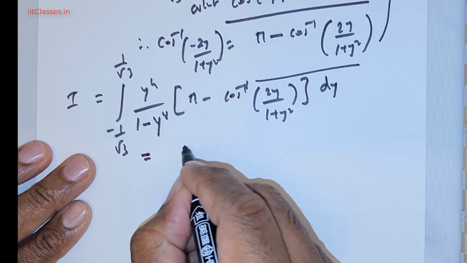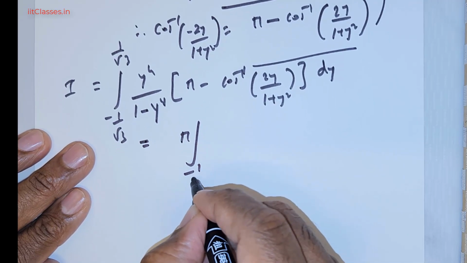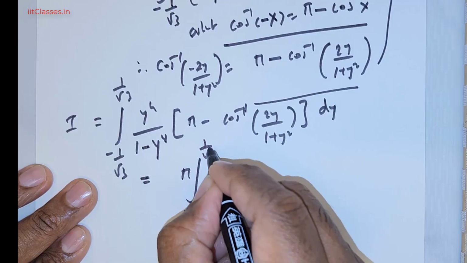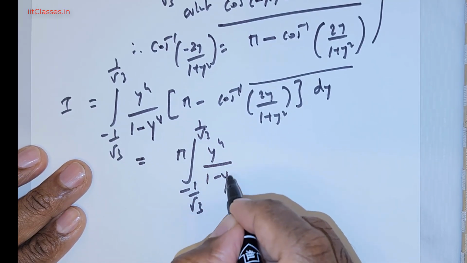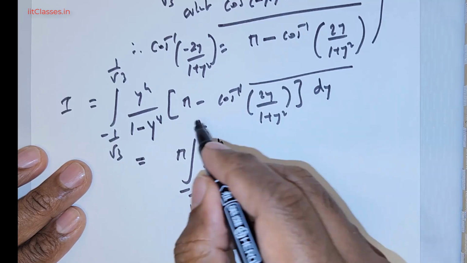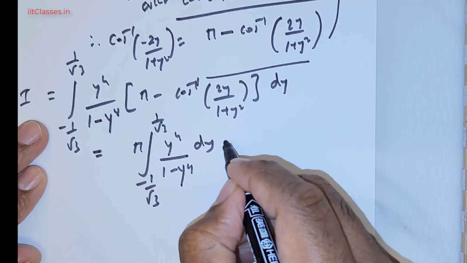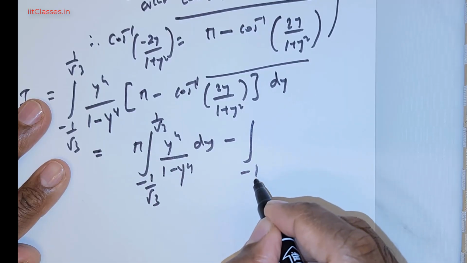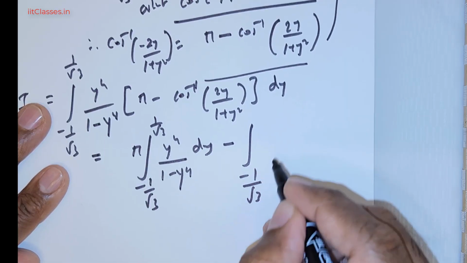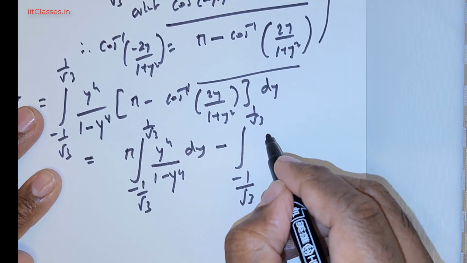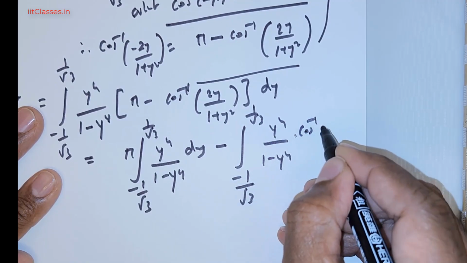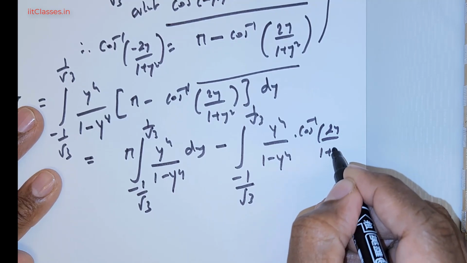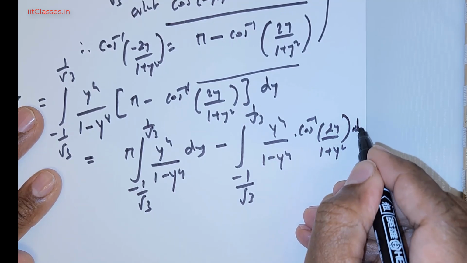So that's going to give me pi times the integral from negative 1 over root 3 to positive 1 over root 3 of y to the power of 4 divided by 1 minus y to the power of 4 dy, followed by minus the integral from negative 1 over root 3 to positive 1 over root 3 of y to the power of 4 divided by 1 minus y to the power of 4 times cos inverse of 2y divided by 1 plus y squared, dy.